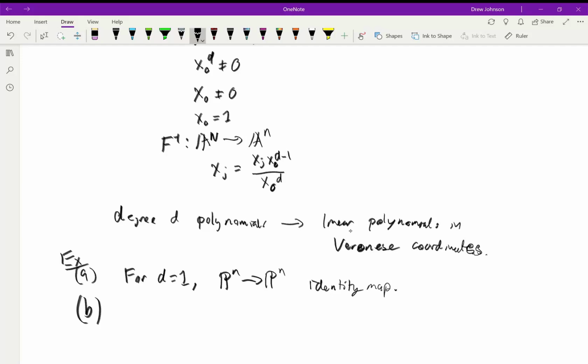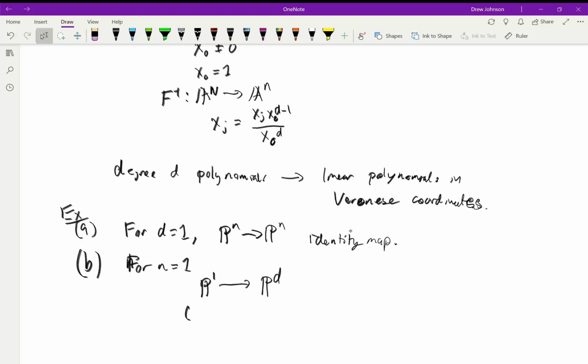For n equals 1, we're going to have a map from P1 up to Pd, and it will just look like this, right? x, y maps to x to the d, x to the d minus 1 y, just like this, all the way up to y to the d.